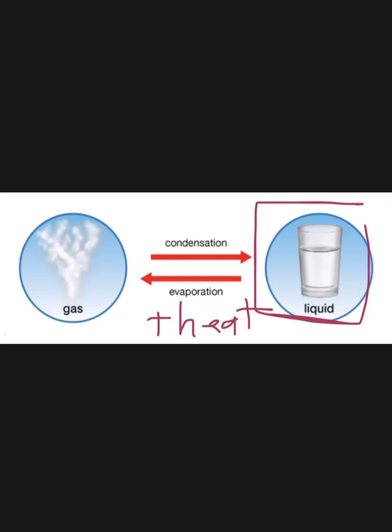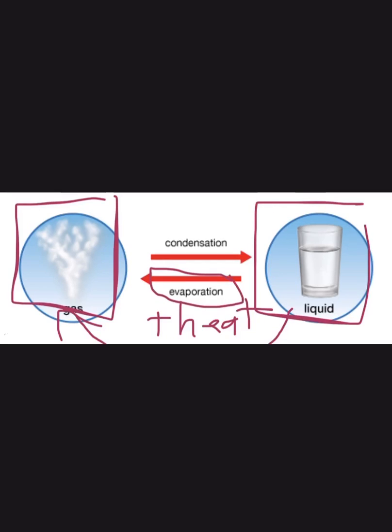When I add heat, who can tell me what will happen to liquid water? Good job. So it will become gas. Yeah, because I added heat. So this we call evaporation.